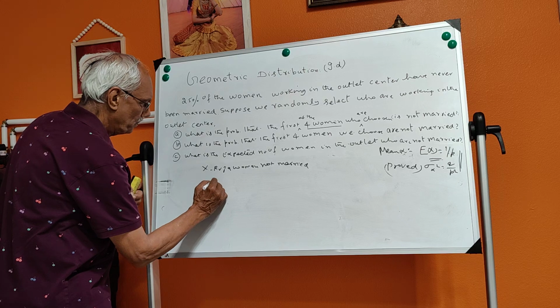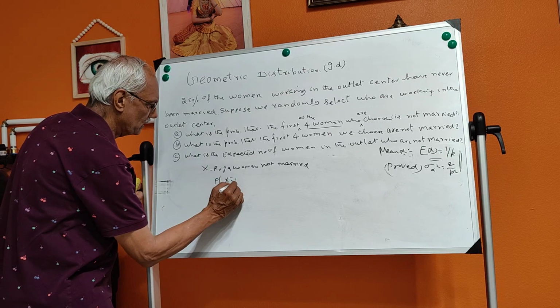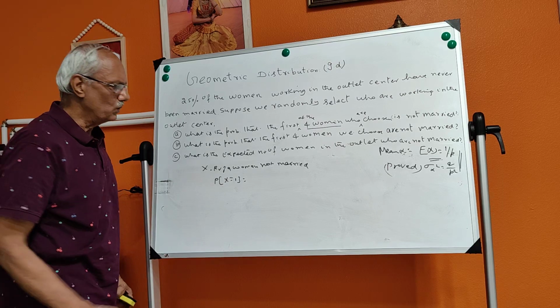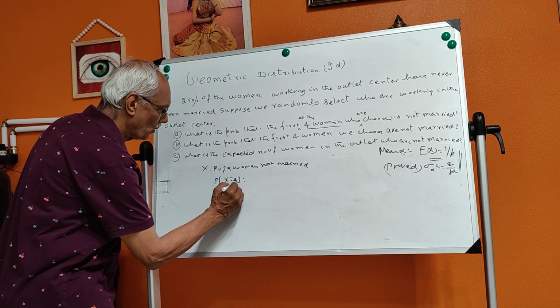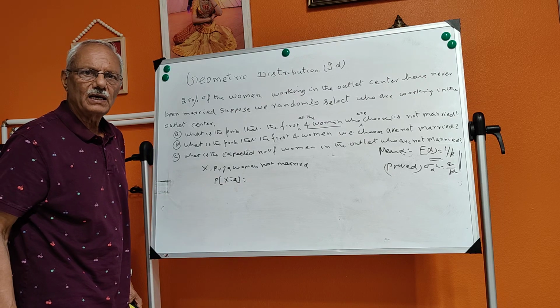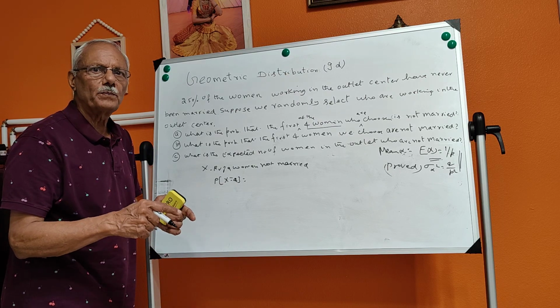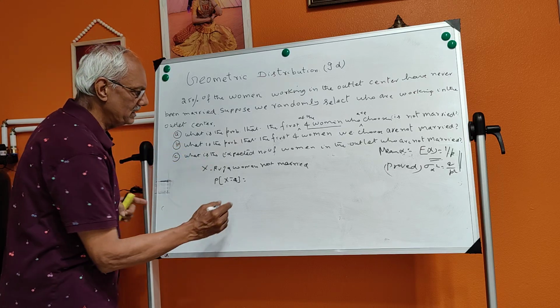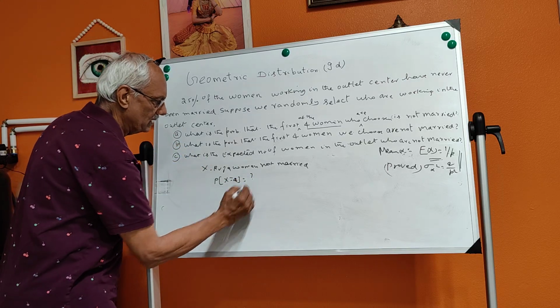That means P of X equals 4, in the sense that four trials are conducted, and you have to find the probability of a woman not married. So we have to find this.